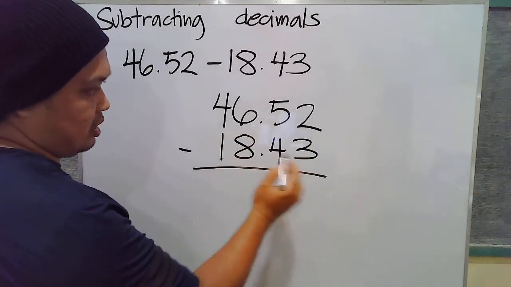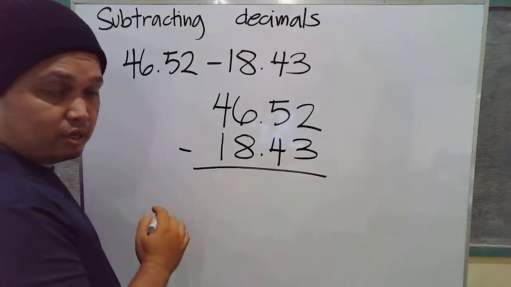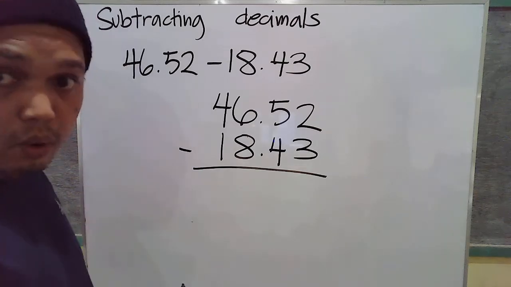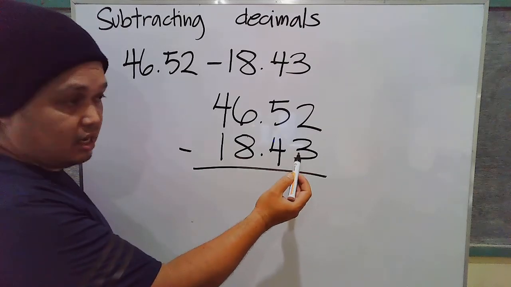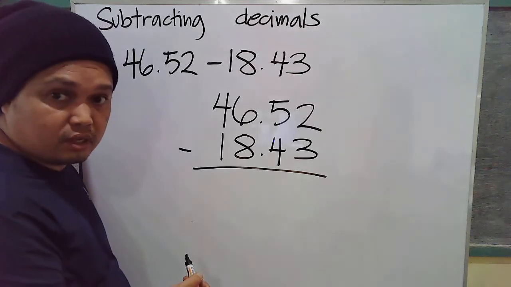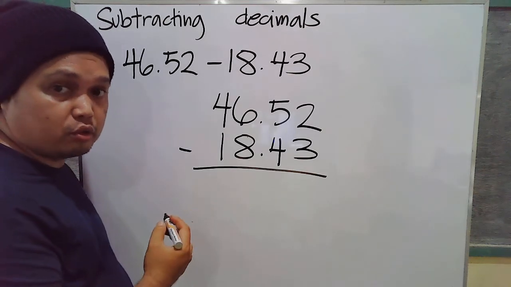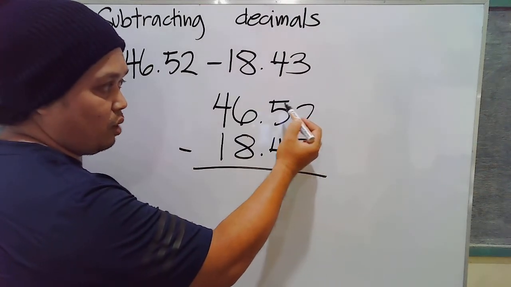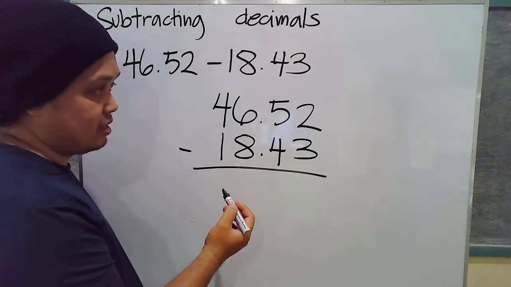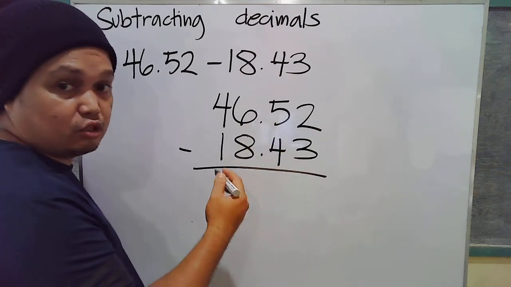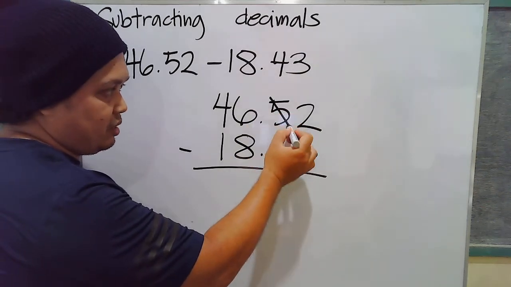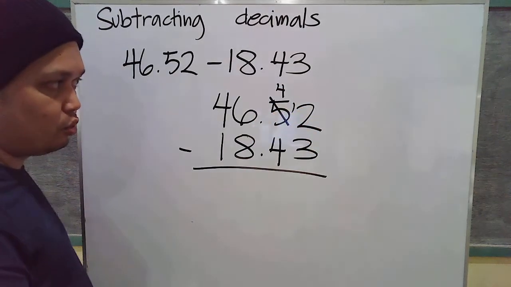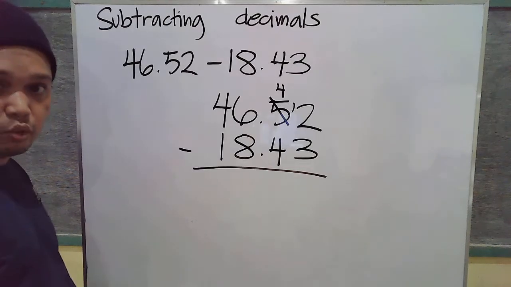2 minus 3. We're gonna subtract just like whole numbers. Now 2 minus 3 cannot be, because 3 here is greater than 2. Now what are we going to do to answer this? 2 here must borrow 1 from 5. 5 here will become 4 and put 1 here, so 2 becomes now 12.